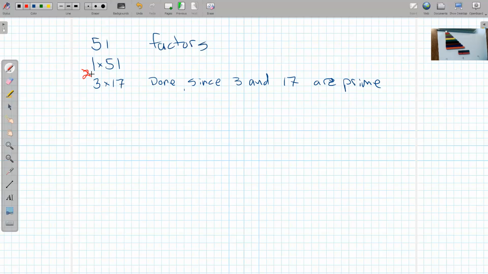Now, 2 did not work, right? So that means no even number will work. So I really don't need to check any more even numbers. I don't have to bother with 4. 5, it's pretty obvious, doesn't work because it doesn't end in a 5 or 0. 6 is even. 7, I would have to check, and 7 goes in 49.